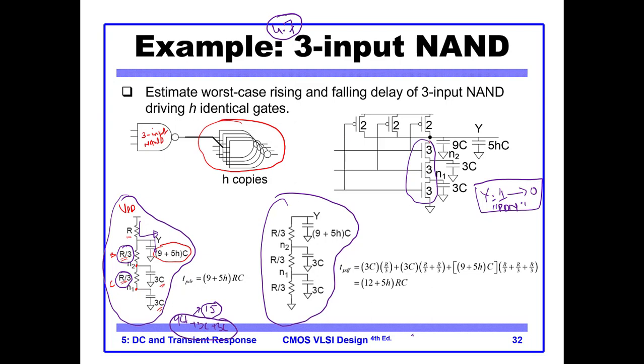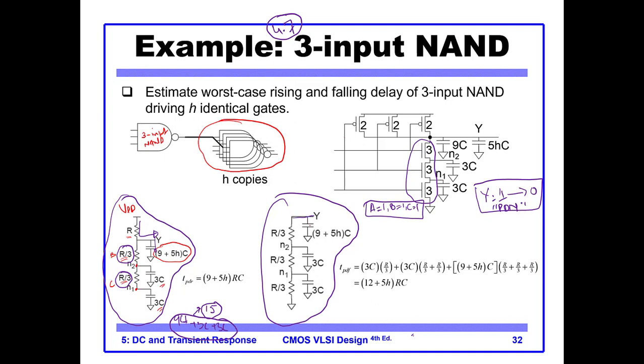You can say that it is the case when we have A equal to 1, B equal to 1, and C equal to 1. For this combination, all the PMOS are off and the NMOS are on. So the equivalent circuit is something like this one.